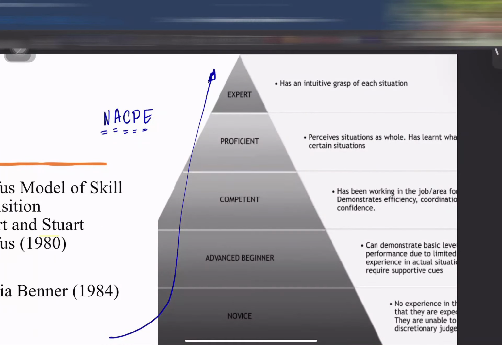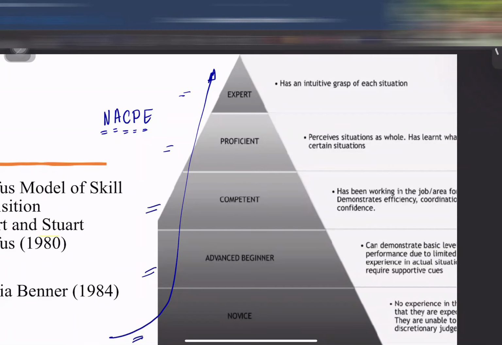Now, one thing that you need to remember is that by the time that you would start your work, you will become a novice. And then after several years, after you have acquired some skills, you would become an advanced beginner, and then you would become competent, you would become proficient, and you would become an expert.